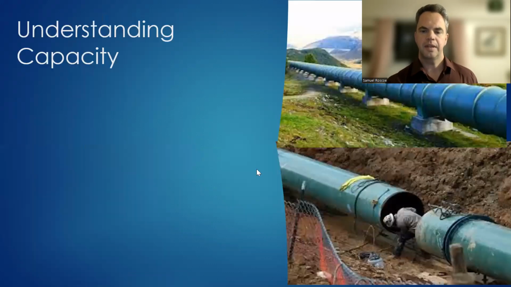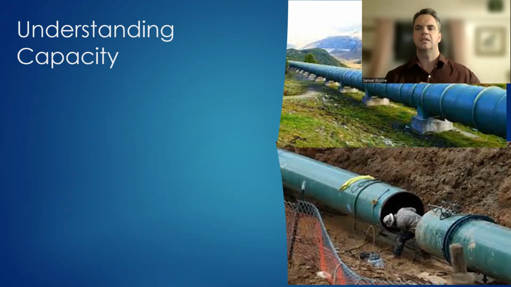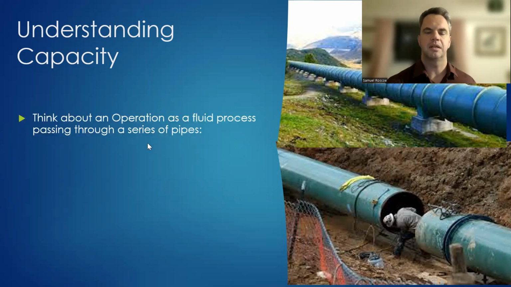Okay, so with that in mind, we have this concept of capacity. What is the capacity of our process, or what is the capacity of our operation? When we try to understand capacity, what we're thinking about is operations should be a fluid process passing through a series of steps, or in this example, a series of pipes.